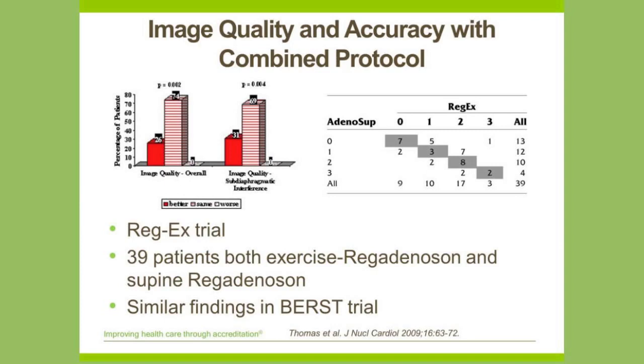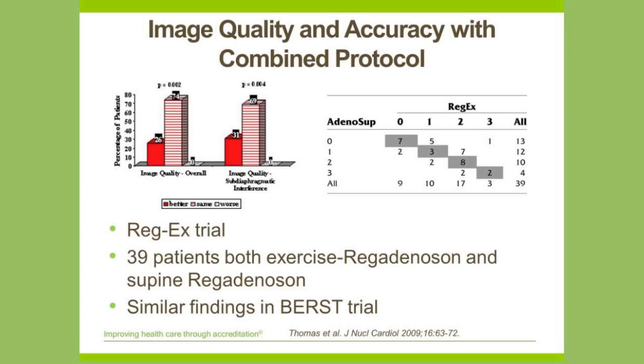Overall, there were no patients who had worse image quality. And the same thing when you look specifically at subdiaphragmatic interference. So this indicates that you get equivalent imaging quality results. And on this bar graph on the right, they looked at the adenosine only protocol on the vertical axis, and on the horizontal axis you've got the regadenoson exercise combined protocol.